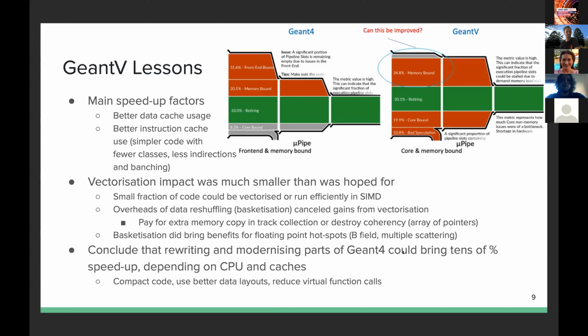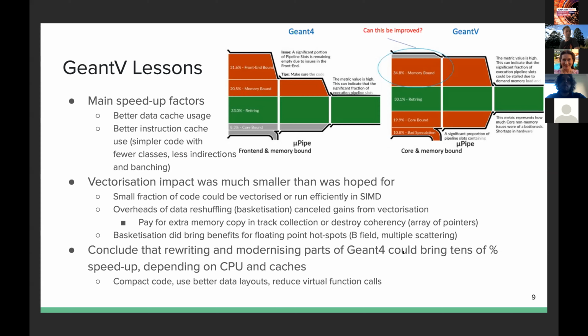And I think what was found was that the overheads of reshuffling data, this so-called basketization, really cancelled out the gains from vectorization in a lot of cases. So although the basketization did bring benefits for floating point hotspots like the magnetic field and the multiple scattering, overall the improvement from vectorization was relatively small.